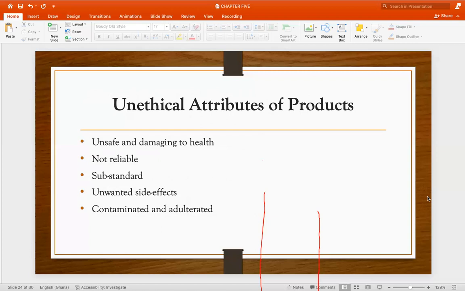That product will be substandard. That product will be unwanted and may have some side effects that are not really welcomed. Contaminated and adulterated. And these are all unethical attributes. People engage in all these unethical attributes with regards to the products that they are bringing out to the market just because of the profits that they seek to get, which is short-lived.